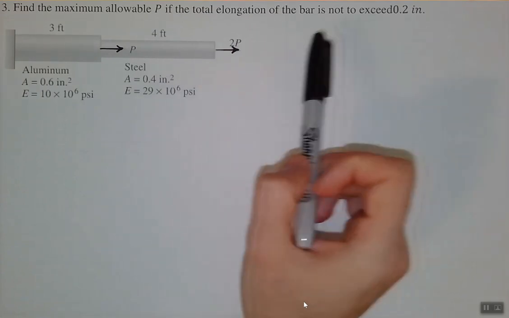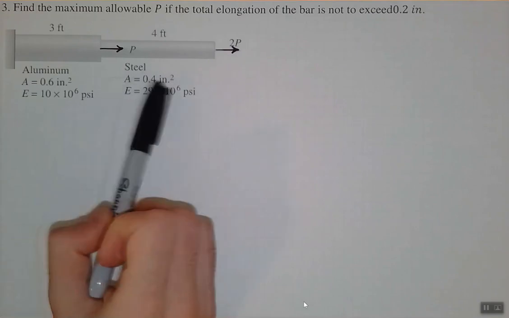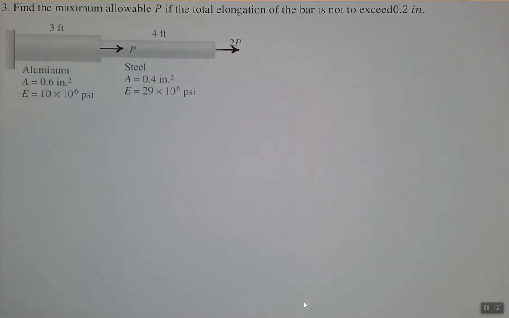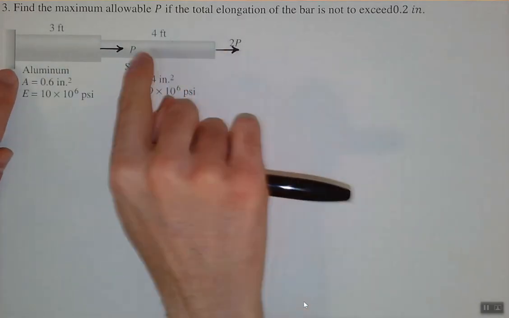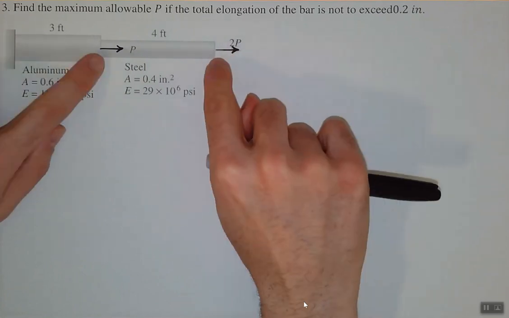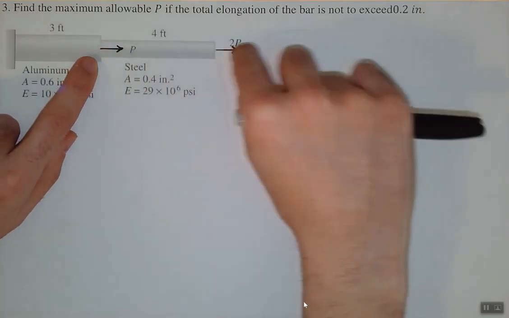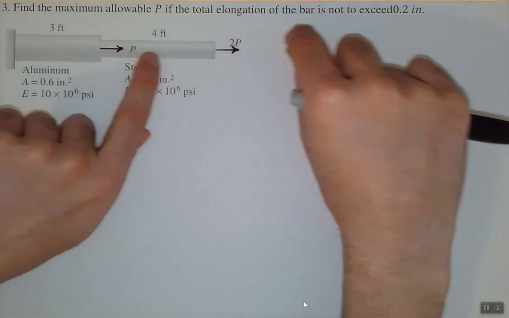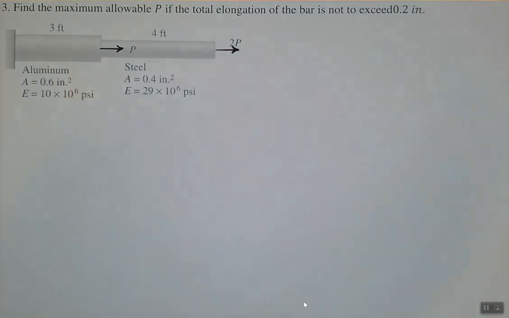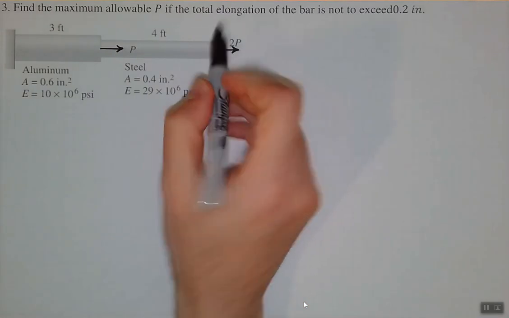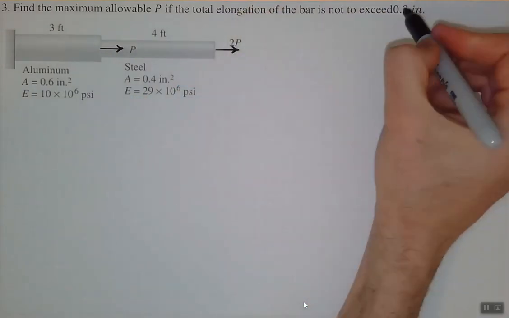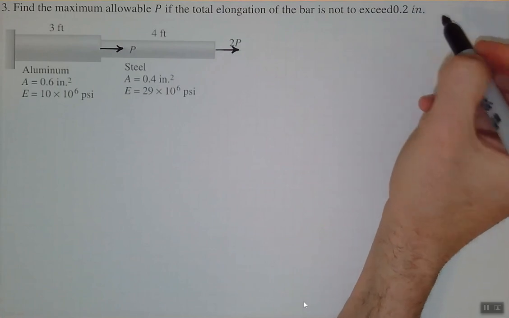in order that the total elongation of the bar, the total stretch of the bar, because if we apply this load, this 2P wants to stretch the steel, and this P plus this 2P, both of them are applying and they want to stretch the aluminum. So we don't want the total elongation, the amount that the whole thing moves, to exceed 0.2 inches.